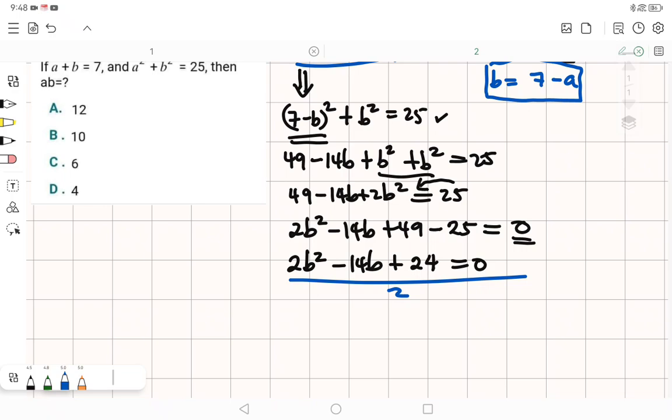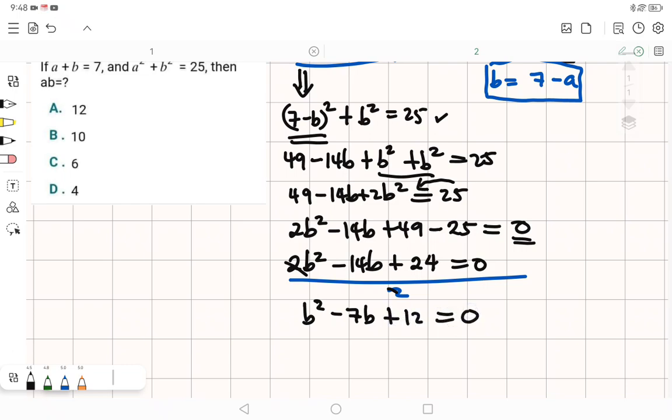So dividing by 2, 2b squared divided by 2 is b squared, negative 14b divided by 2 is negative 7b, and 24 divided by 2 is positive 12, equal to 0.